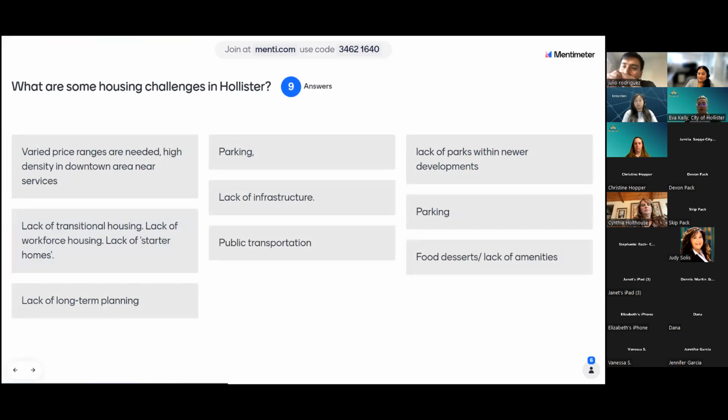Yeah, we can see here a lot of the same trends. Parking seems to be a priority, or a concern, I should say, one of the challenges in the city, and then varied pricing ranges as well as development types.